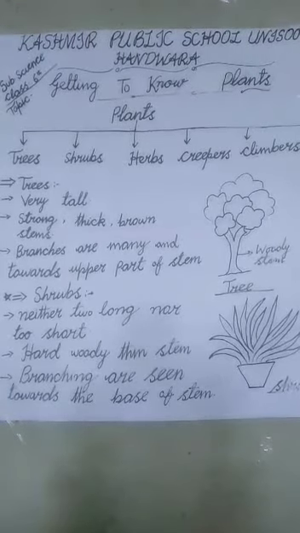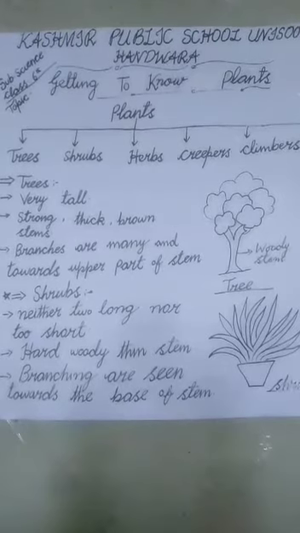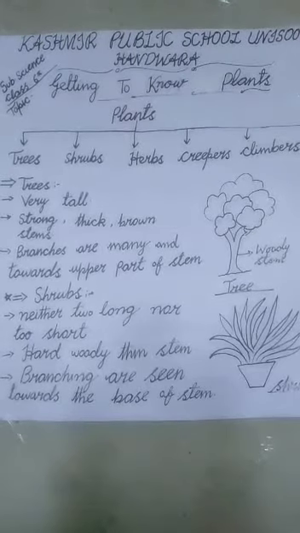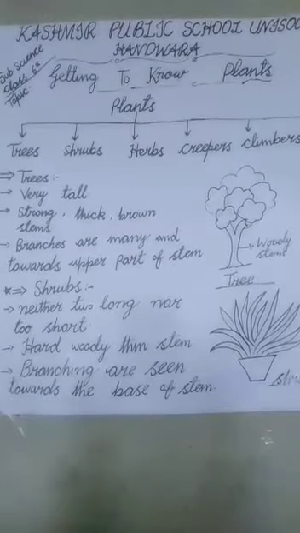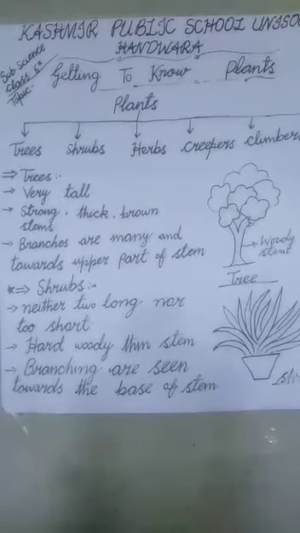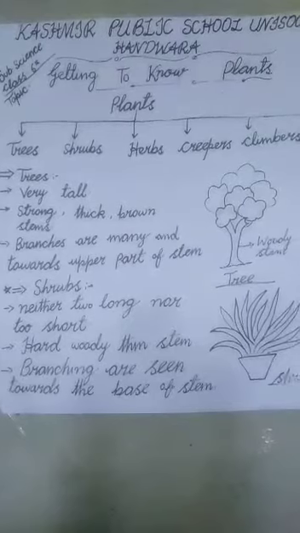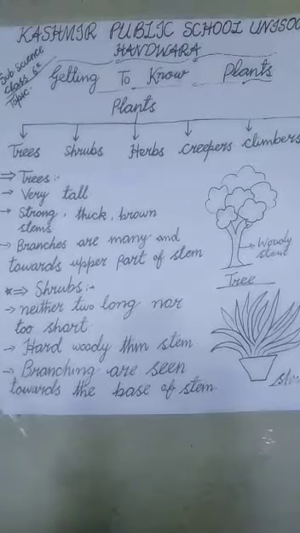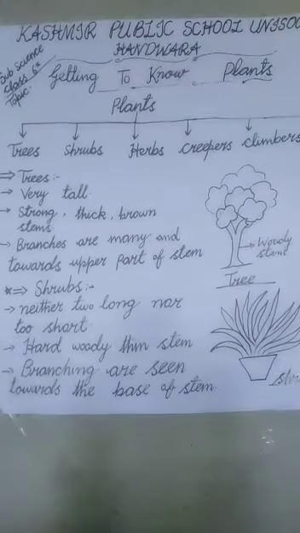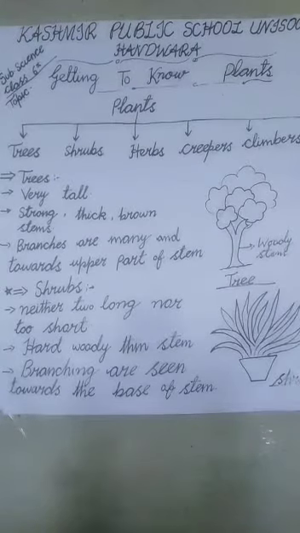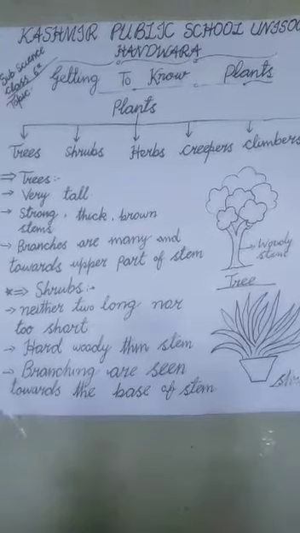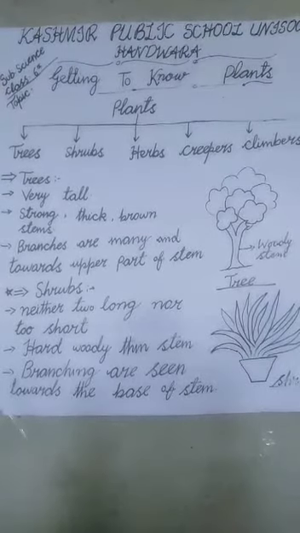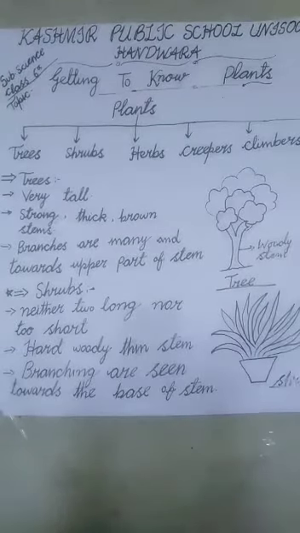So, my dear listeners, when we go outside in a park or garden and look around us, we see different kinds of plants. Some plants are tall, some are short, and some are weak. And their body parts like stems, roots, flowers, and fruits are also different.